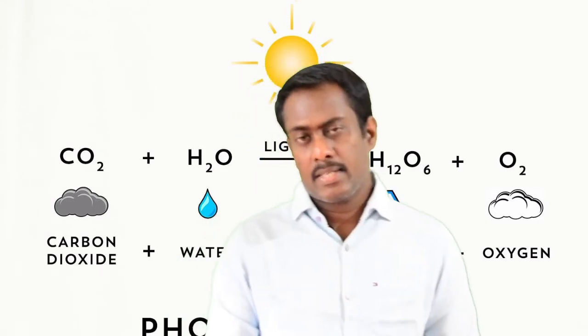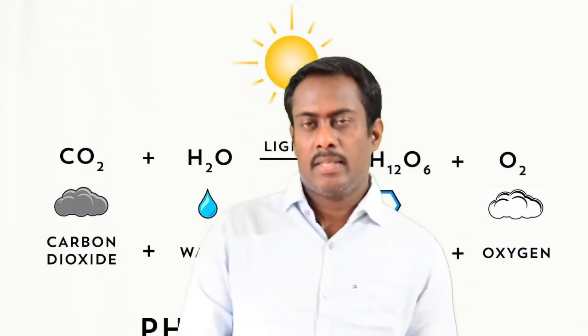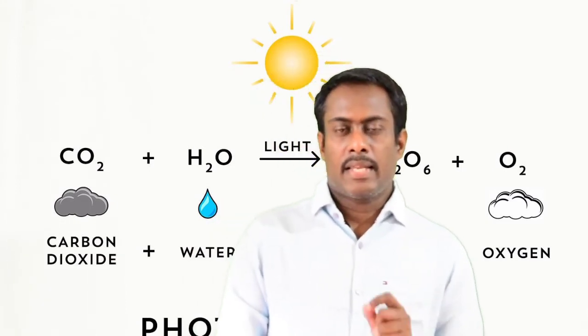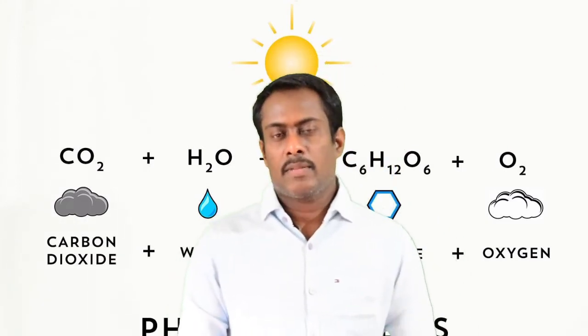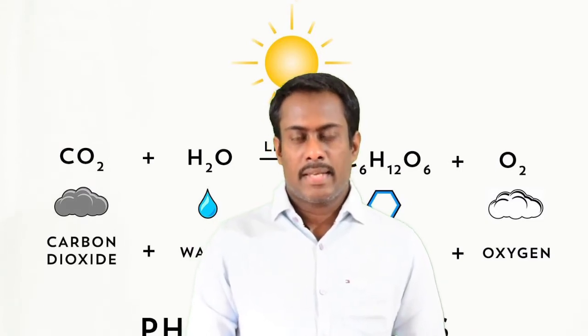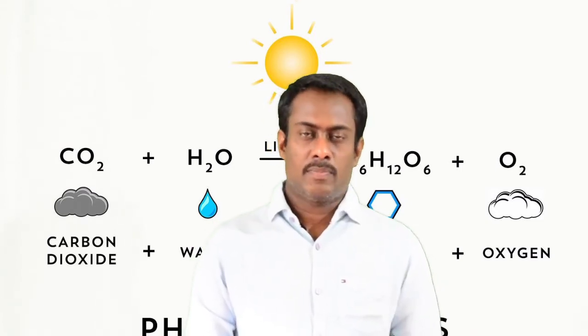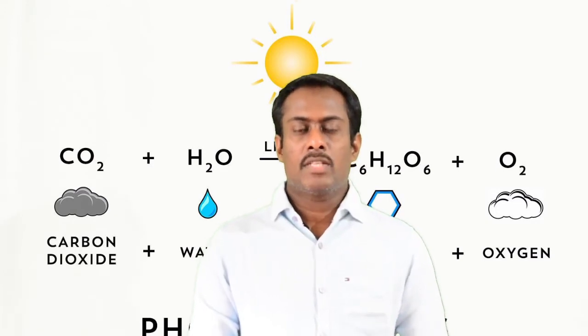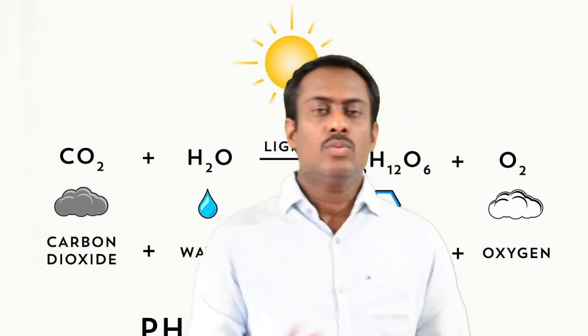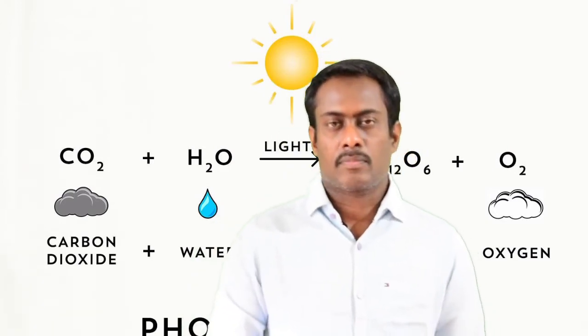Why is only a green plant able to synthesize its own food? Because a green plant contains chlorophyll, a green pigment, and this green pigment can convert sunlight into energy.